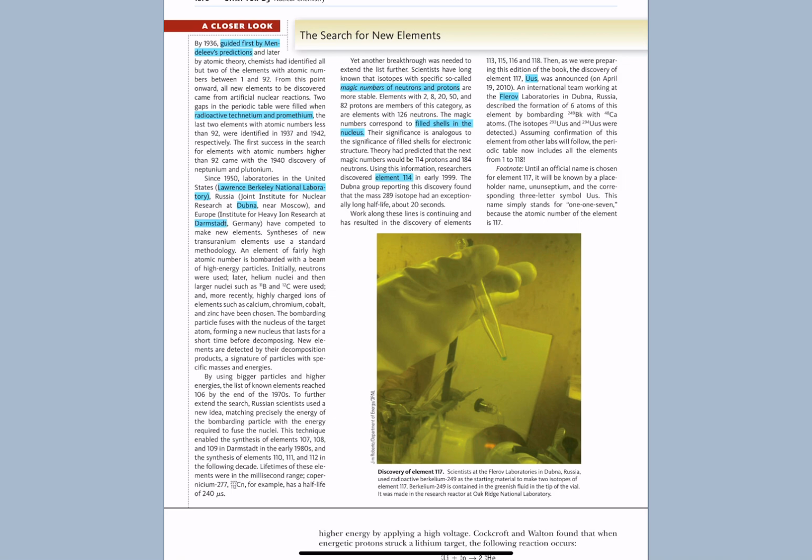In the last 2 years, we now have officially agreed upon the names for all the elements in that last row of the periodic table. And Flerov there, which is one of the laboratories in Dubna, and instrumental in discovering some of these isotopes, is now the name for element 114, flerovium.